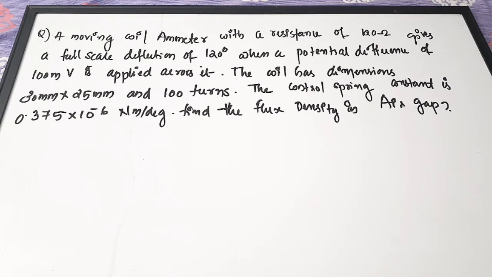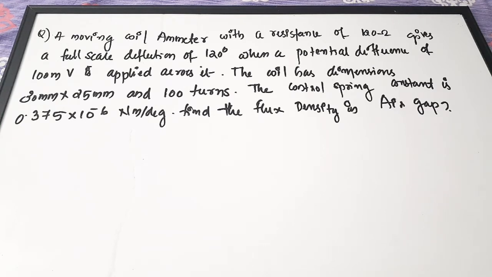So it is possible to apply the voltage also in order to make the coil move. So the coil has dimensions 30 mm by 25 mm and 100 turns. So L and D and N value is given. Then the control spring constant is 0.375 into 10 raised to minus 6 Newton meter per degree. Find the flux density in air gap. So we need to find the value of B.